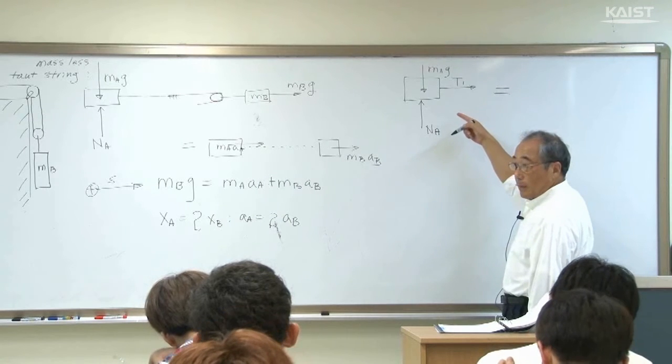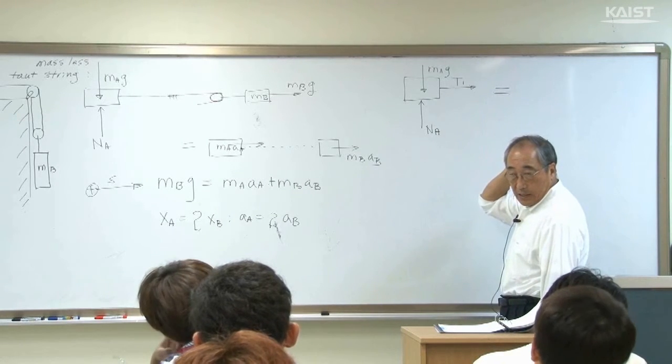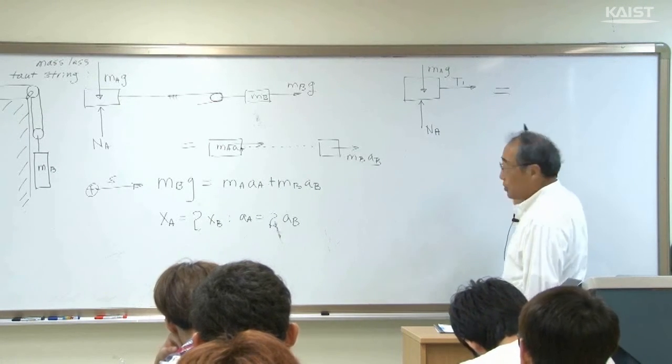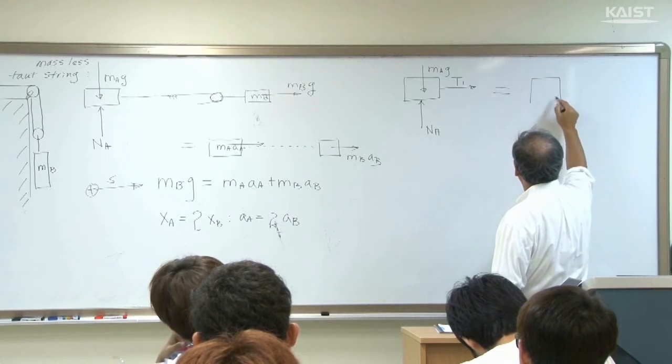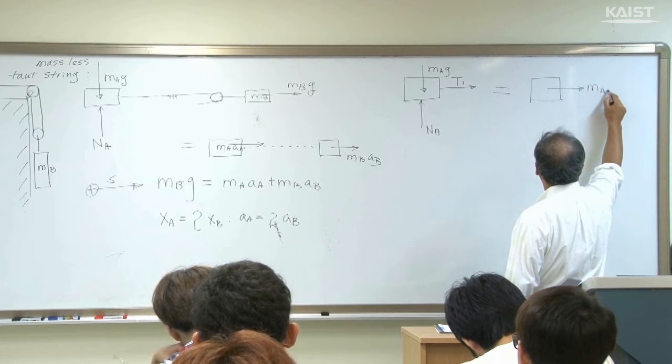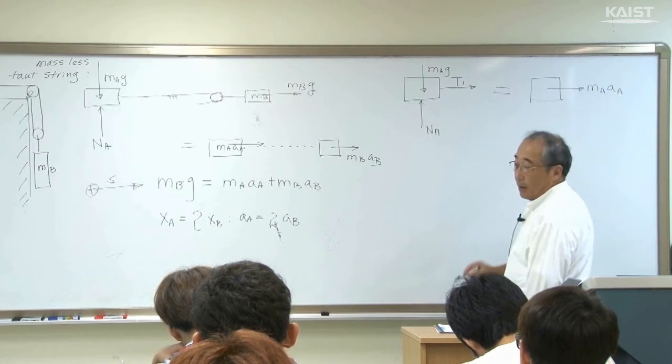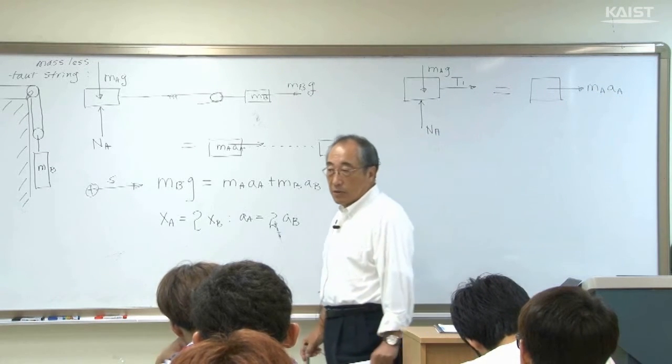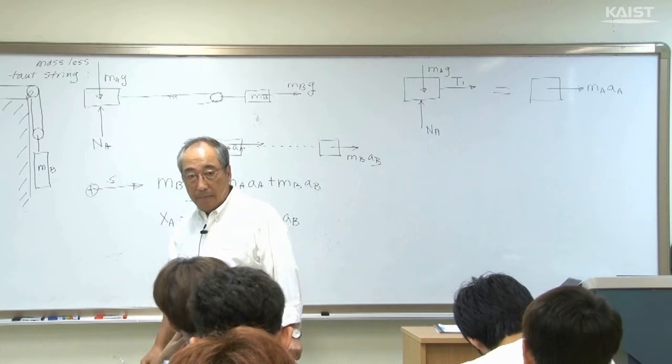And I have to equate this unbalanced force to the mass times the acceleration of mass A.